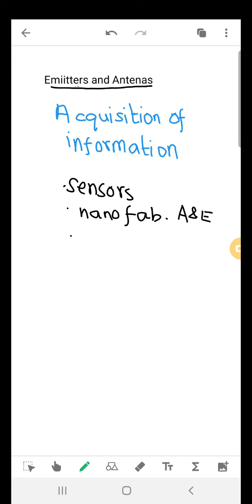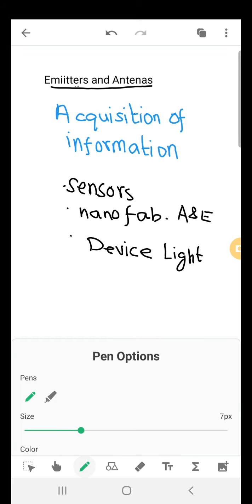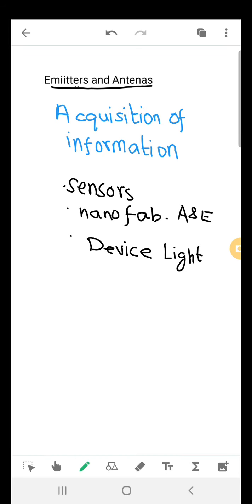So there is a device, and light goes into or out of this device according to the electromagnetic spectrum.